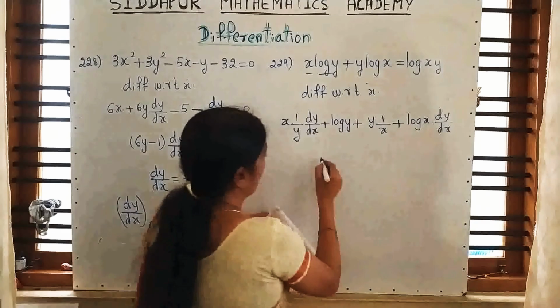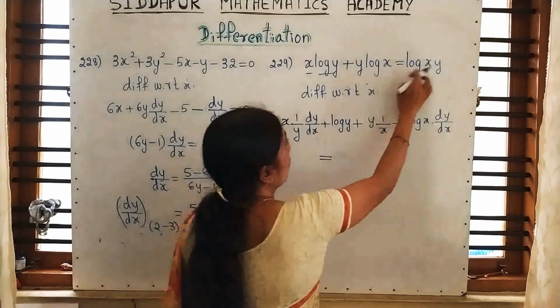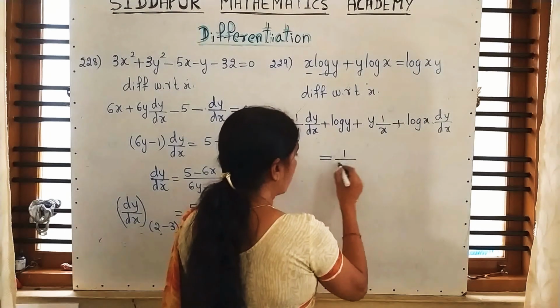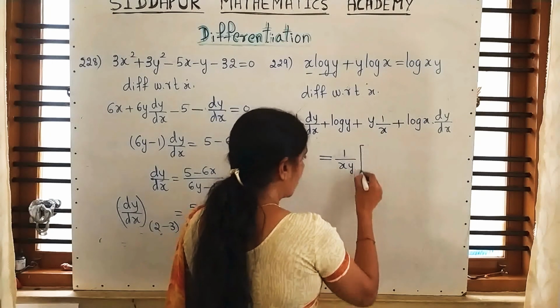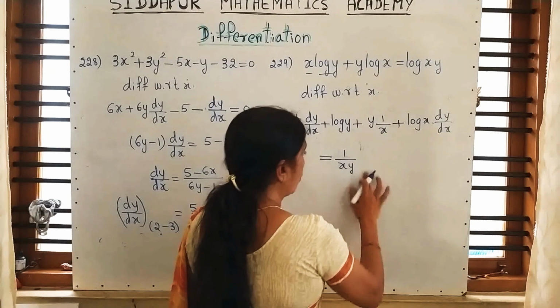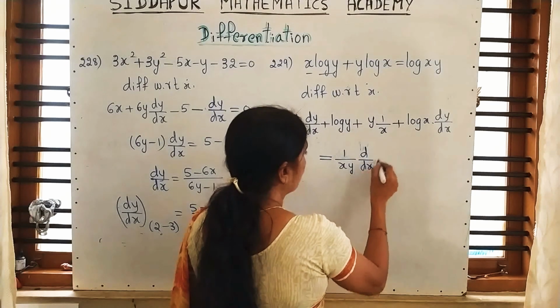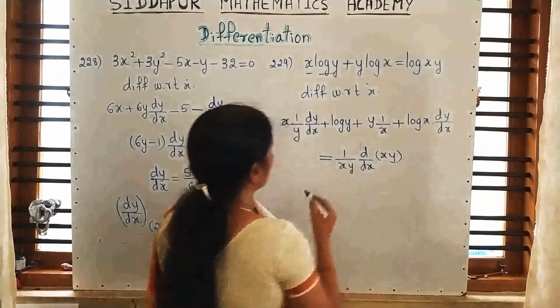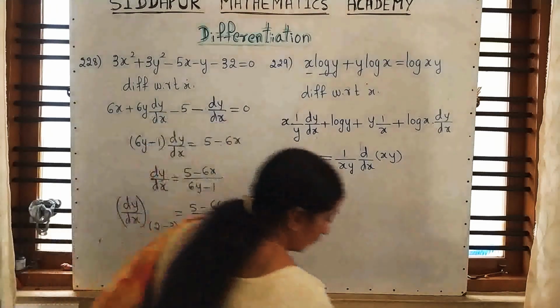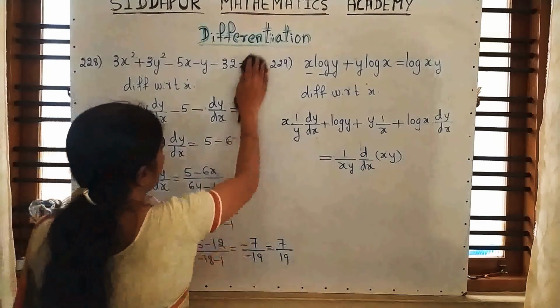The left side is equal to, what is the differentiation of log xy? 1 by xy into differentiation of xy. Remember that. First log, then if it is other than x, we have to differentiate that also.